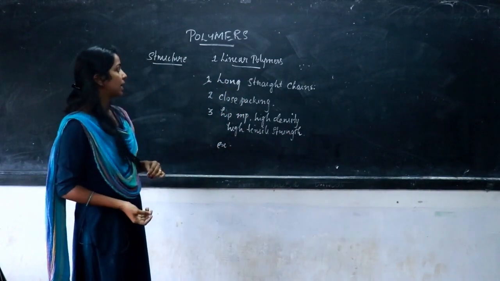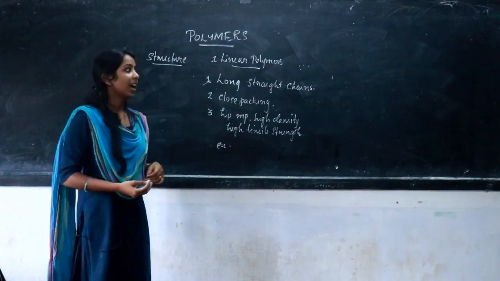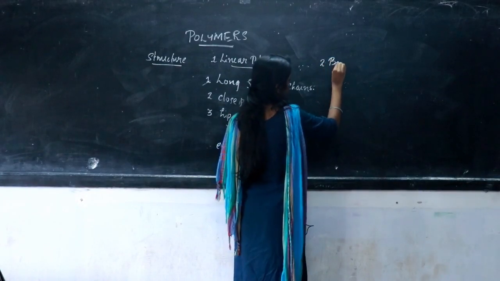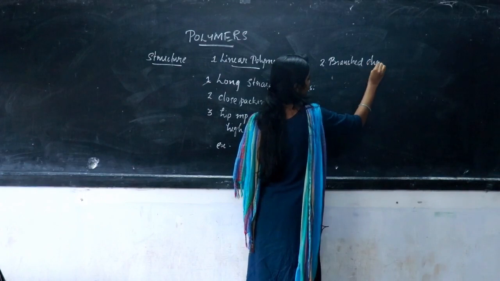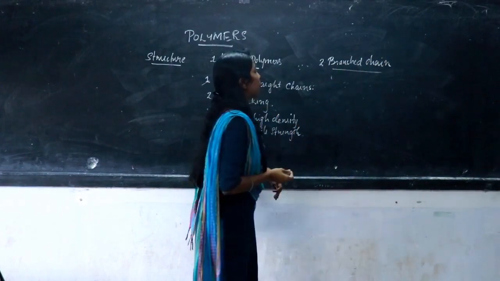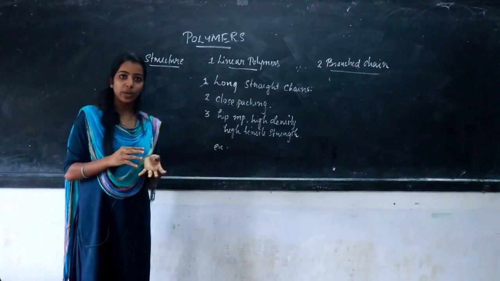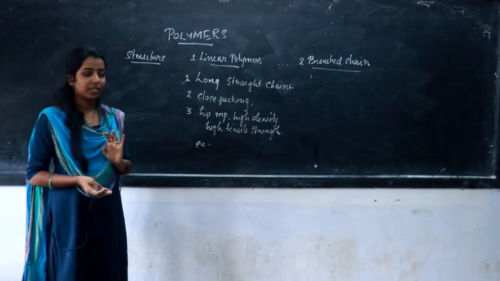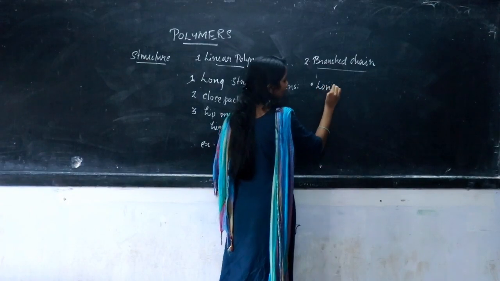Examples for linear polymers are polyethylenes. Now, next is branched chain polymers. In branched chain polymers, monomers link together to form long straight chains but with a few branches.